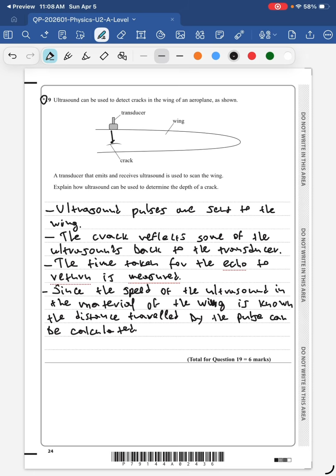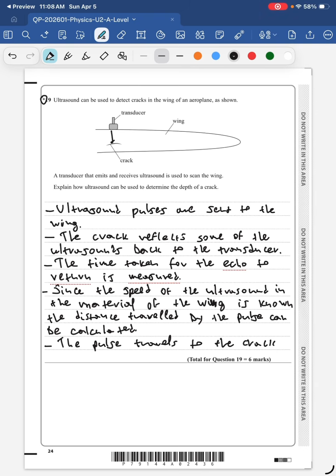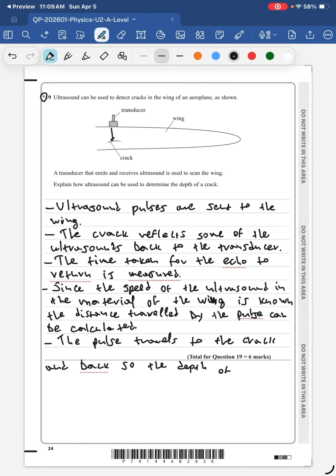Okay, so the pulse travels to the crack and back. So the depth of the crack is half the measured distance.